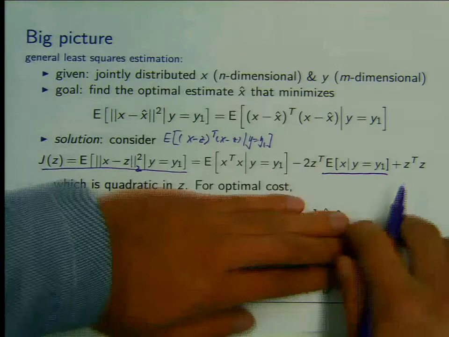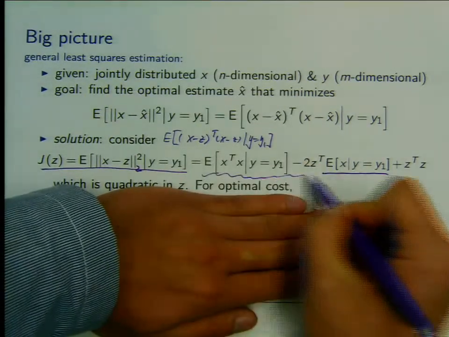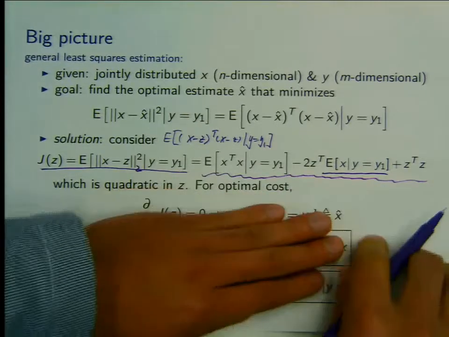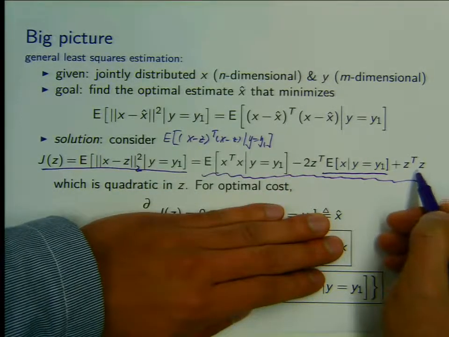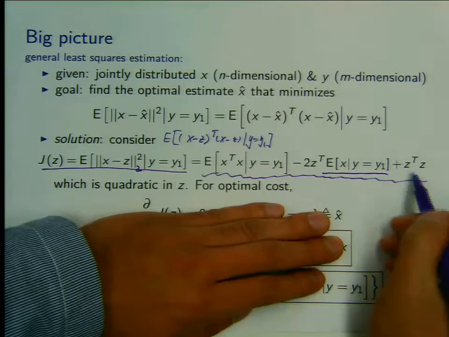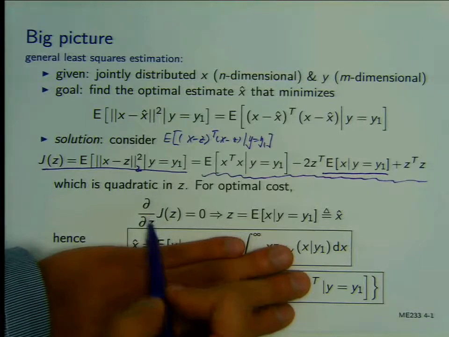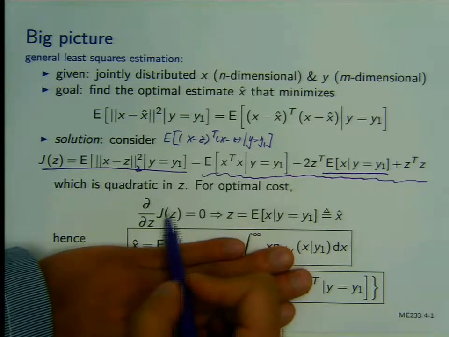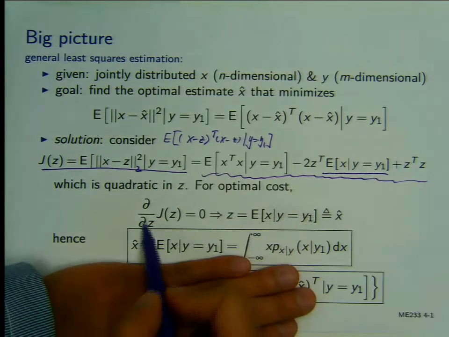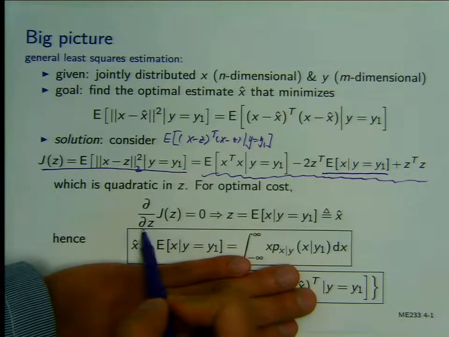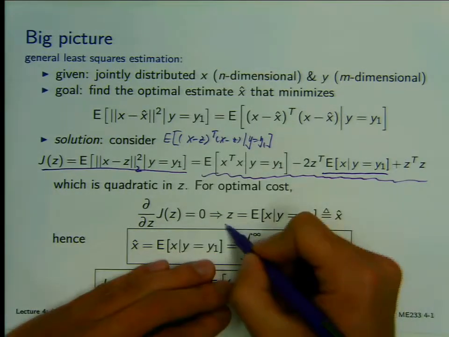Now this function is quadratic with respect to z. To optimize it, I just need to solve this quadratic minimization problem. So take the partial derivative with respect to z, set it to 0, and I can get the solution.